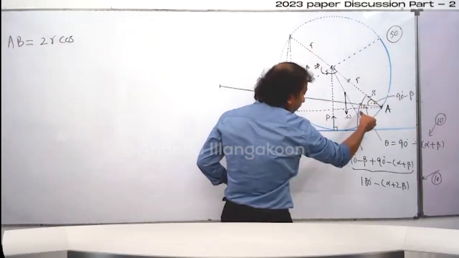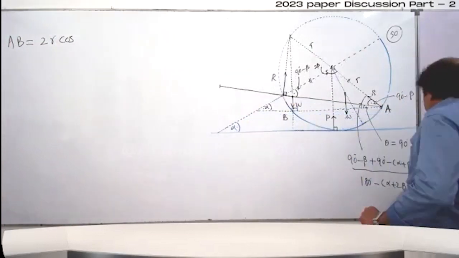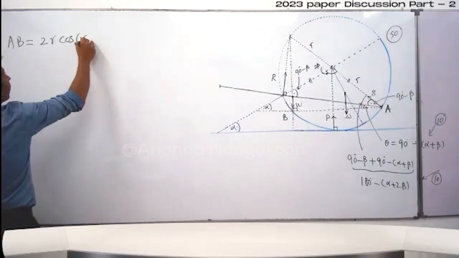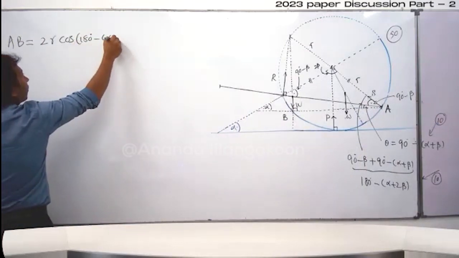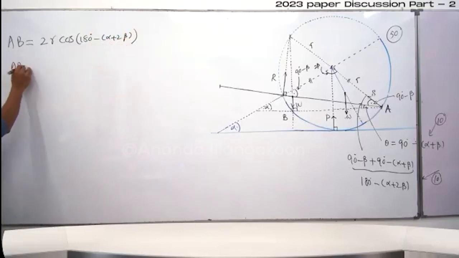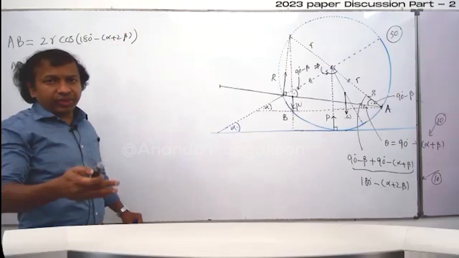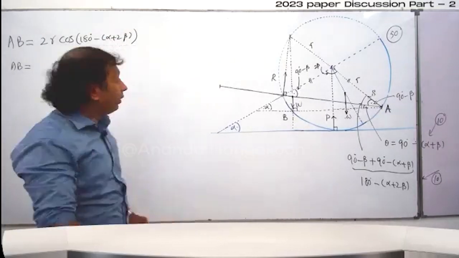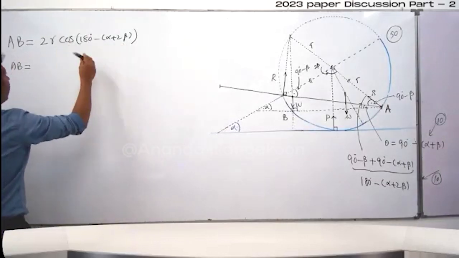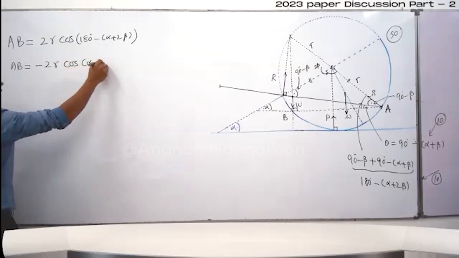What is this angle? 180 minus L plus 2 beta. Then we can write AB cos 180 minus something. What is, people, cos 180 minus theta? Minus cos theta. Like that. Here we get cos 180 minus this angle means minus cos this angle. Minus 2R cos L plus 2 beta comes.